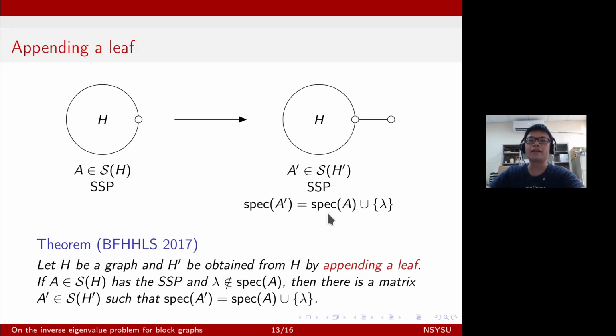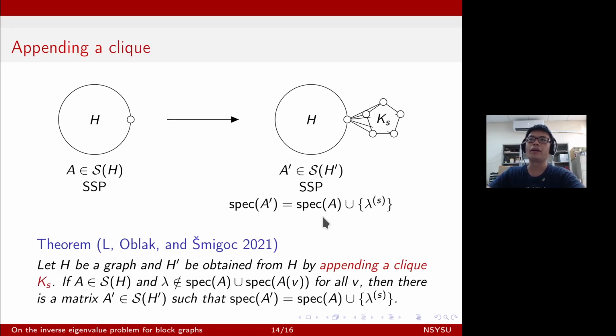Now, with the extended version of the supergraph lemma, we are able to do a little bit more. By that I mean we have a graph H and we want to append a clique, which means that we have s vertices and they are connected to each other, and also each of the vertices is connected to this particular vertex v.